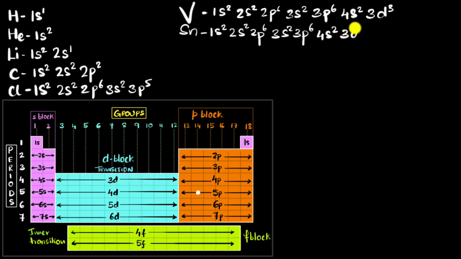So 3d10. Then we have 4p6. Then we go to 5s2. Then we have 4d10. And finally 5p2. If we add these all up, we should get 50, and if you check that, we'll get 50.